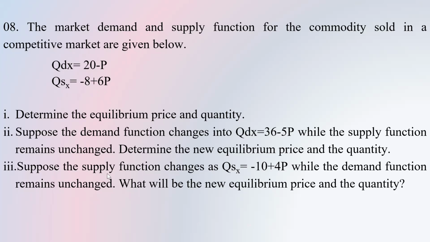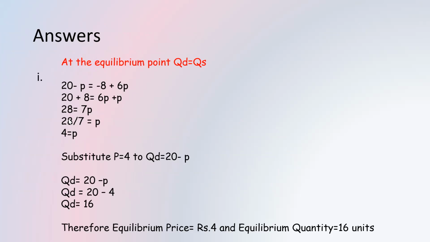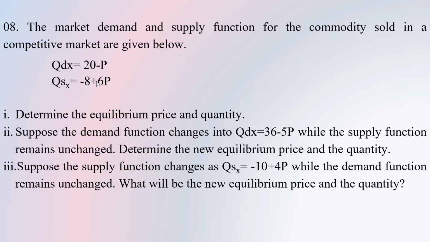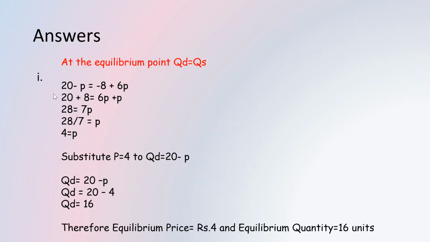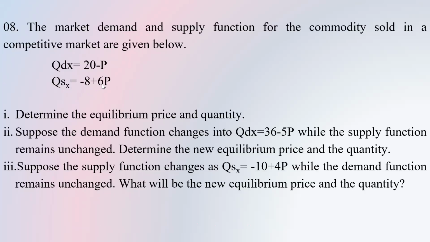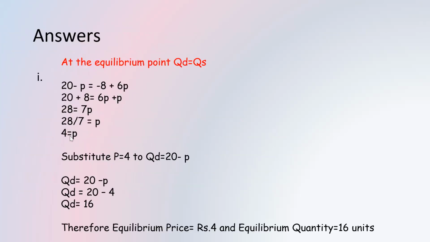හරි? So already calculate. The first one is by using all these two equations, 20 minus p and minus 8 plus 6p, that by substituting these things, we can have price is equals to 4 and QD is equals to 60.